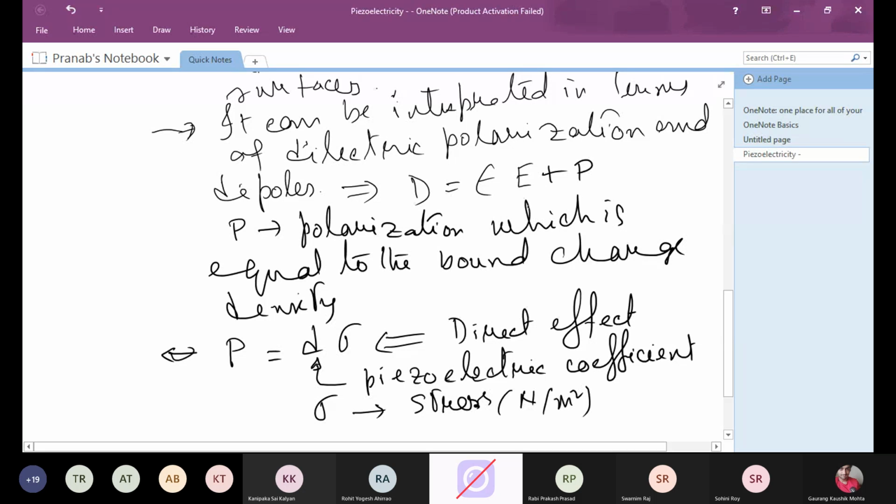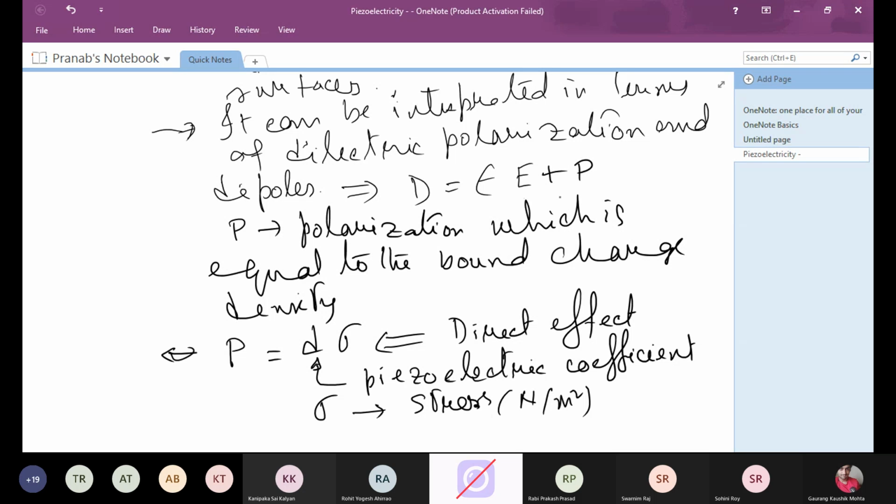So basically, due to the application of electric field, there would be some polarization. So that is epsilon E, and the other is the induced polarization P. Together, the dipole moments will be created. Now, in absence of any electric field, we will have only stress induced effect.